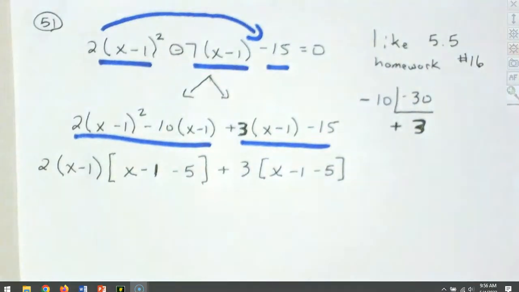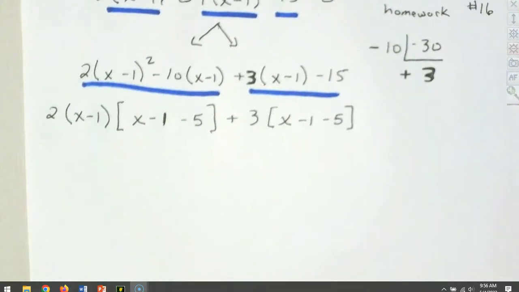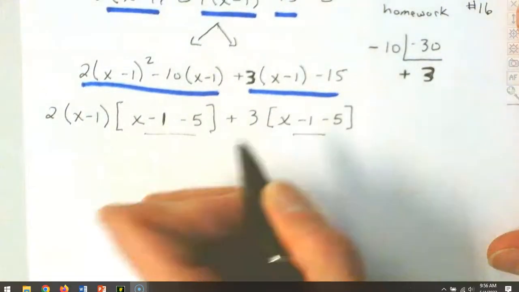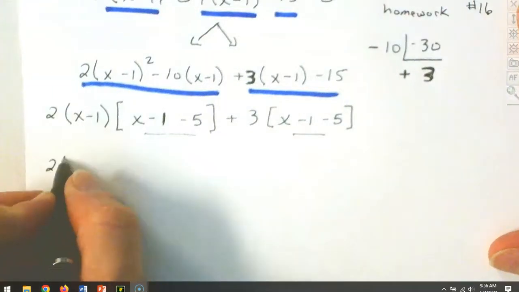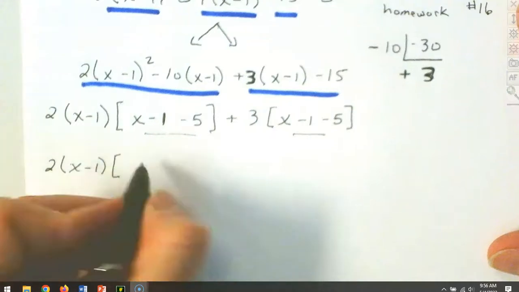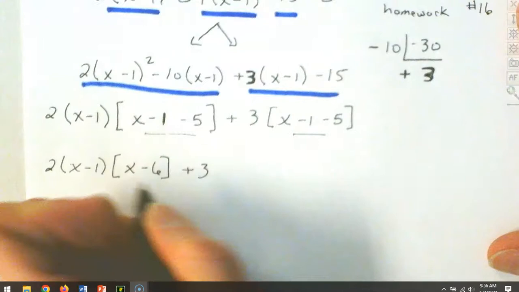Now we just kind of clean it up a little bit, and we're almost done. Okay, so I'm going to go ahead and clean these up, because these can be cleaned up. These are the same. They can be cleaned up. Because that can be an x minus 6. I'm just cleaning it up so it's a little bit neater to work with.